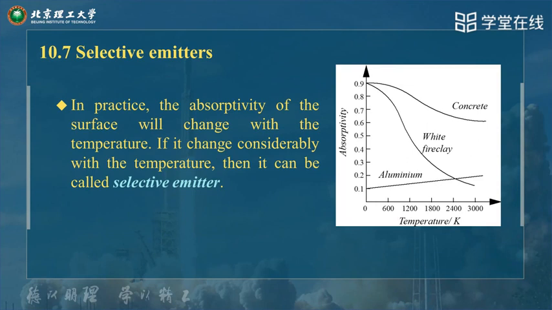But in practice, the absorptivity of the surface will change with the temperature. When the temperature changes, the emissivity or absorptivity changes. If it changes considerably with the temperature, we call the surface a selective emitter surface.